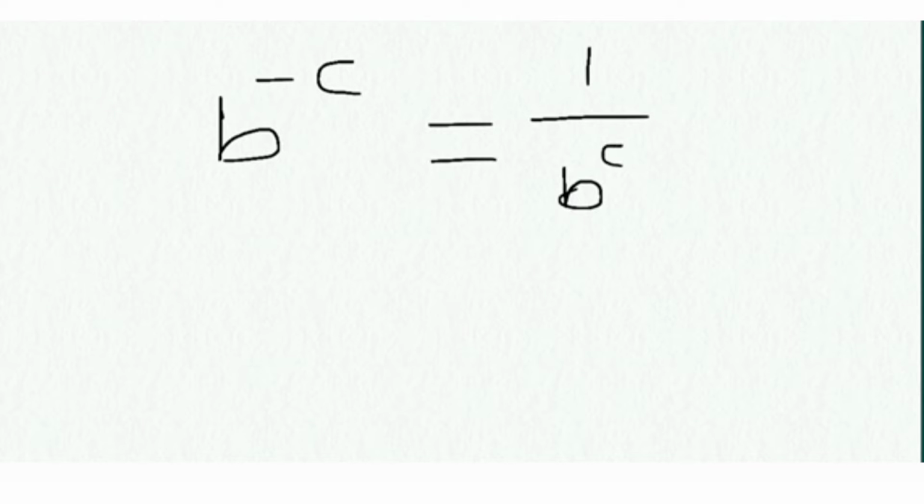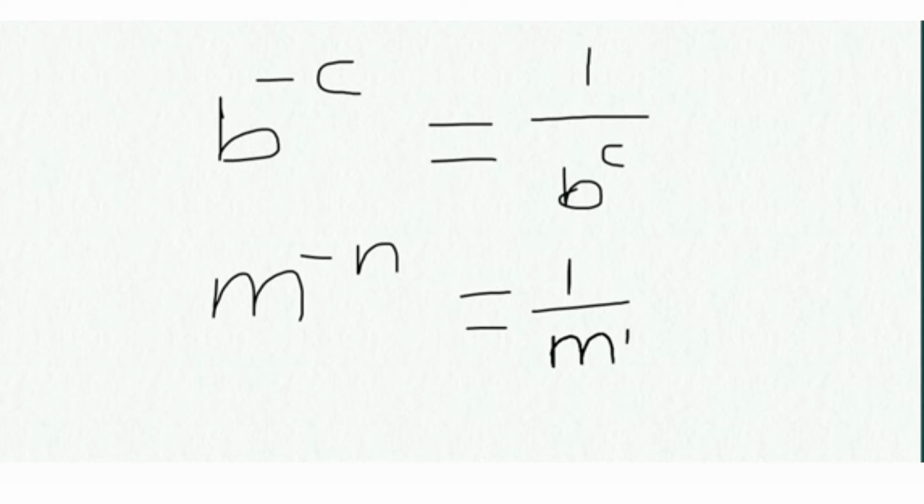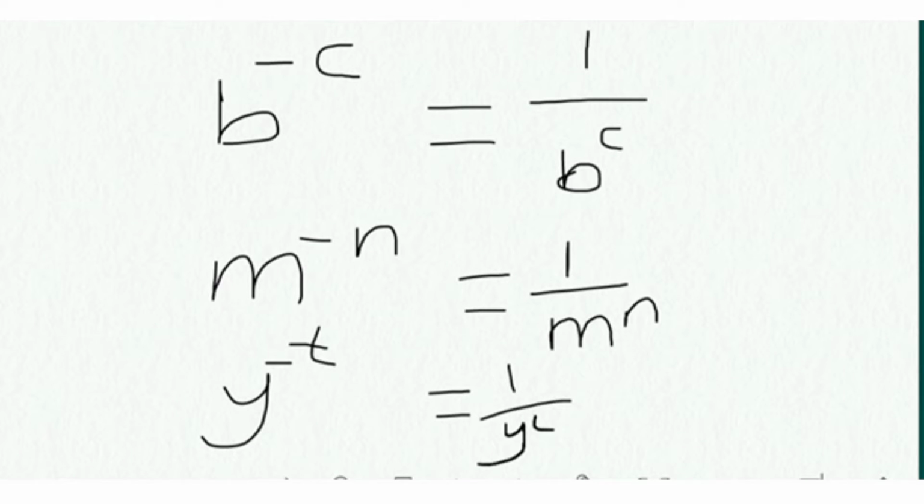You can write b to power negative c is equal to 1 over b to power positive c, or you can write m to power negative n is equal to 1 over m to power positive n, or y to power negative t is equal to 1 divided by y to power positive t.